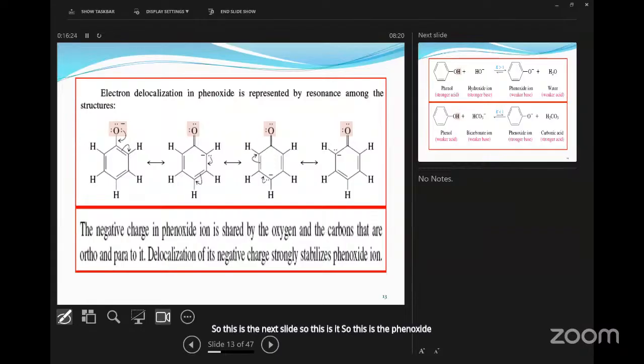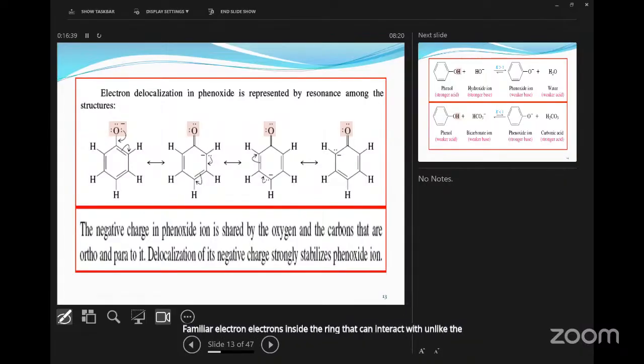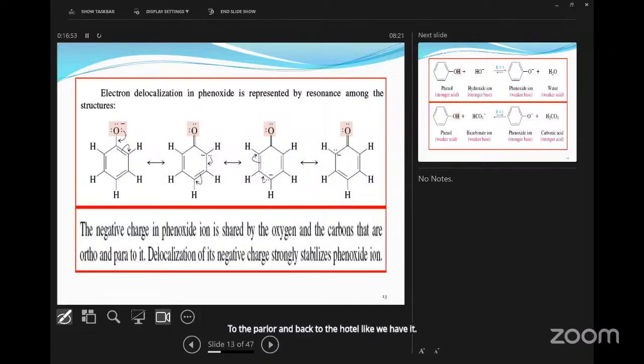We have electron delocalization because the negative charge on the oxygen can move around, because it has pi electrons inside the ring that it can interact with, unlike the aliphatic alcohol that doesn't have it. So the negative charge can move from one bond to the carbon to the other. It can be here, it can move here, to the ortho, to the para, and back to the ortho like we have it. So the negative charge in the phenoxide ion is shared.